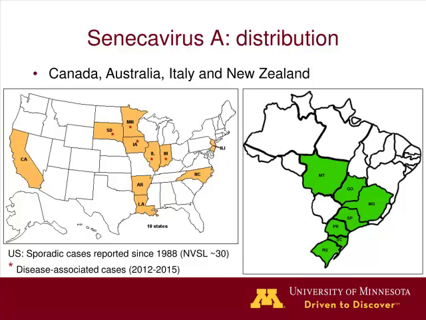From 2012, one case in Indiana was associated with exhibition pigs, or show pigs at a state fair, showing vesicular lesions and coronary band lesions, and then the other states here are associated with either neonatal loss or vesicular disease. As Daniel already mentioned, there have been sporadic cases since 1988, according to the NVSL, around 30 cases, including some isolations.